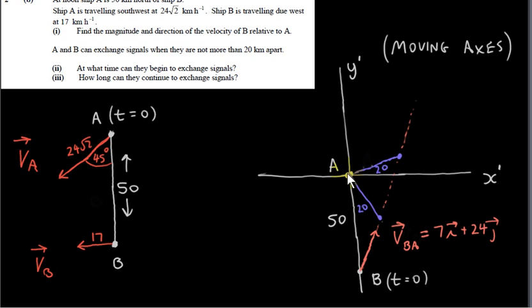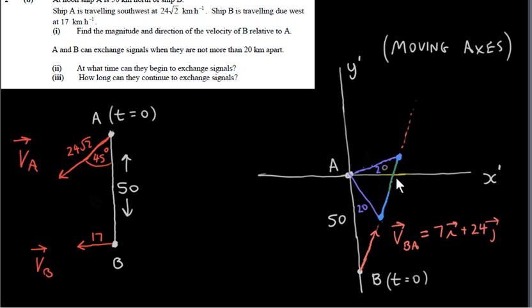When the ships are 20 kilometers apart, or less than 20 kilometers apart, then the ships can exchange signals. So the ships can exchange signals when B is along here in its path. When it's here, it's more than 20 kilometers from A, and when it's up here, it's more than 20 kilometers. So we will be interested in this distance.